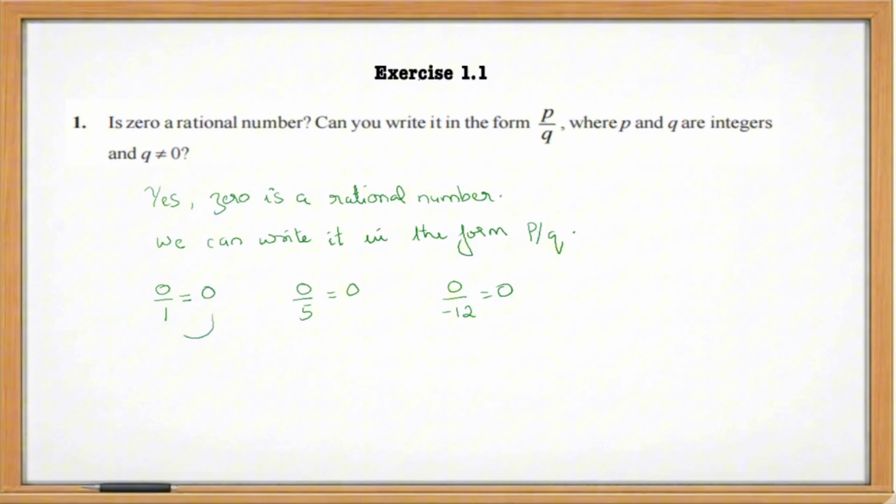So 0 can be written as 0 by 1, which is in the P by Q form. And if you see here, the Q is not equal to 0. The denominator part here, you can see it is not equal to 0. So we can say that 0 can be written in the form P by Q. I hope you understood. Now let us move on to the next question.